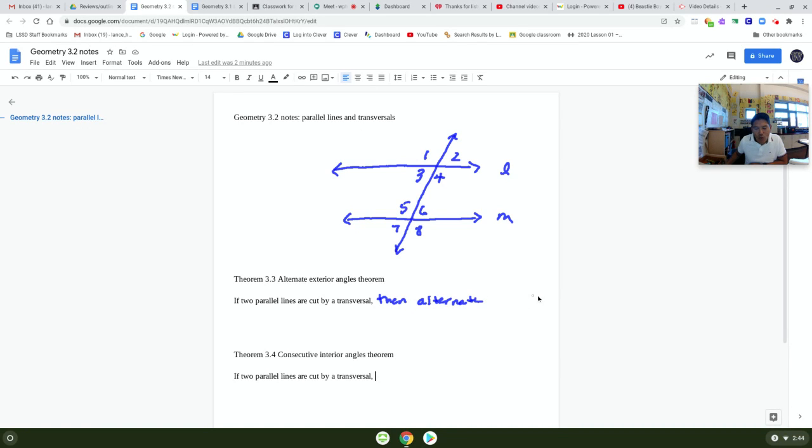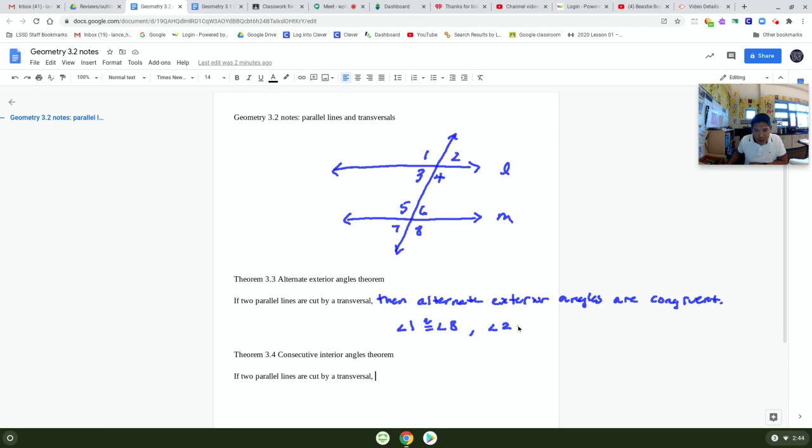I'm actually going to write down which alternate exterior angles are congruent as well, just to write your congruence statements. Now it's true that angle 1 is congruent to angle 8. And then also angle 2, that's an exterior angle.